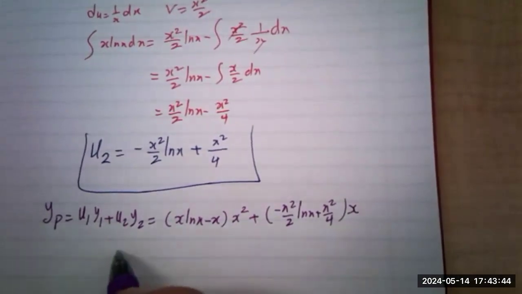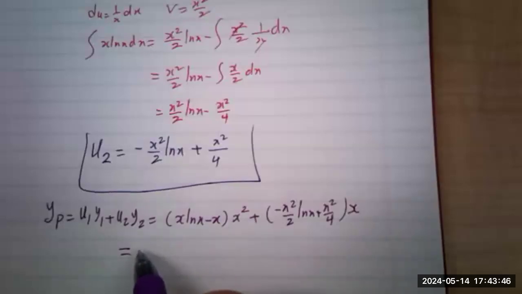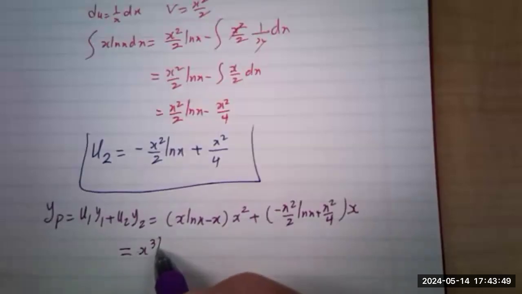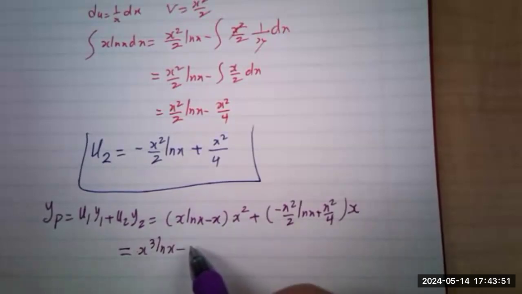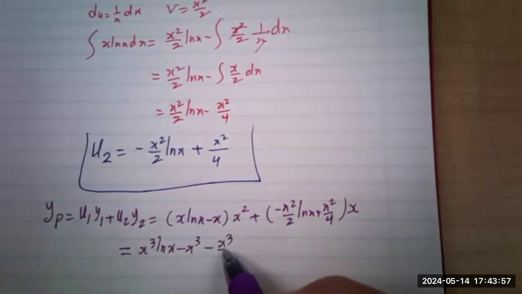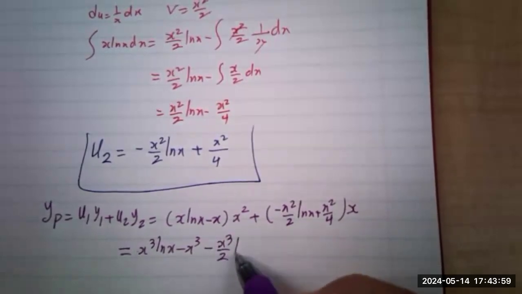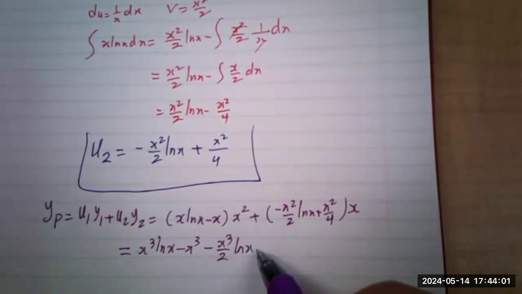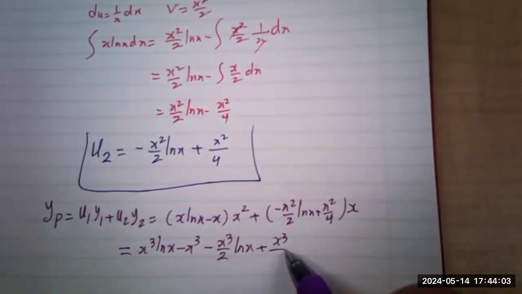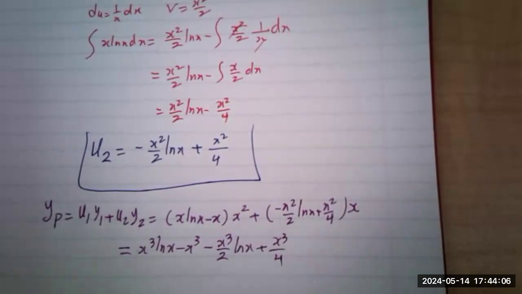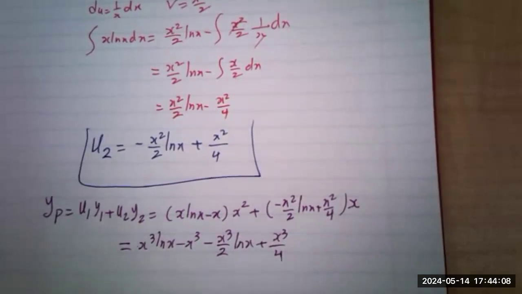Multiply inside. Distributed, that gives x cubed ln x minus x cubed. Multiplying the other one gives negative x cubed over 2 ln x, plus x cubed over 4. So we get to simplify this.